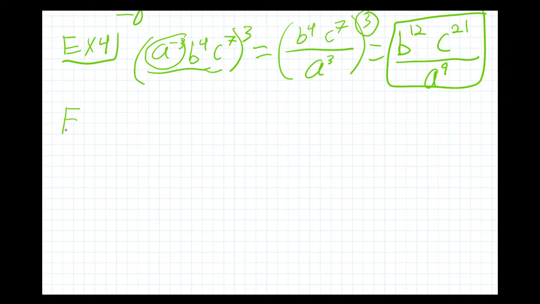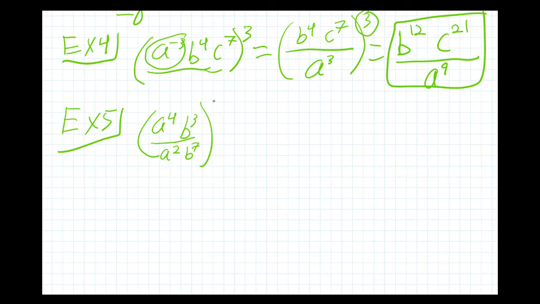And now, last but not least, example 5. Let's say we have a to the 4th times b to the 3rd all over a to the 2nd, so let me rewrite that: a to the 2nd times b to the 7th all to the 4th power.